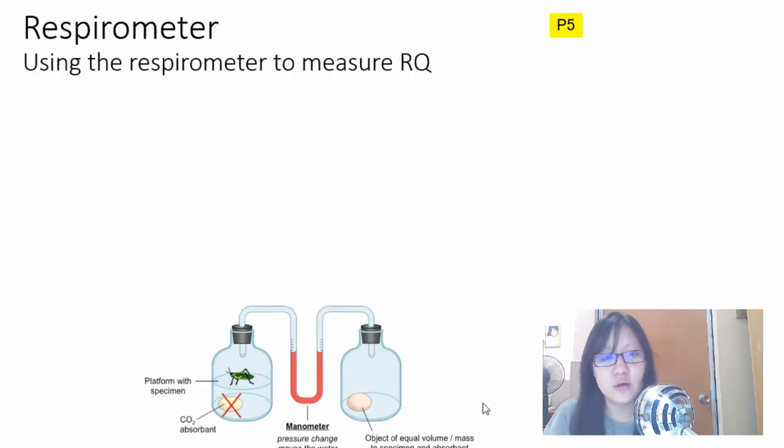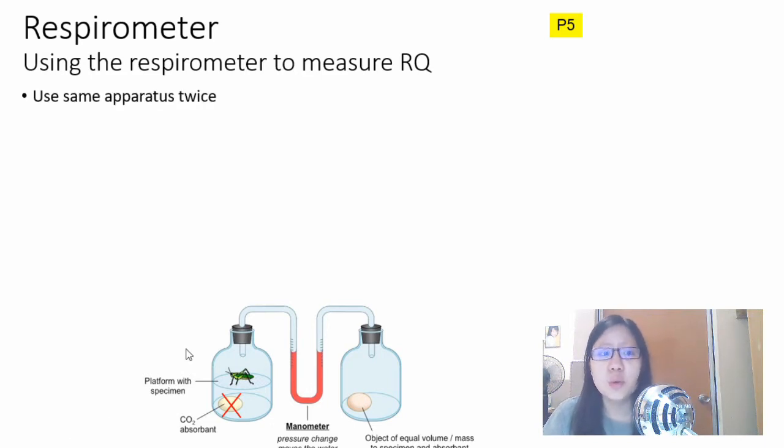Now if you think of RQ though, we need both values. We need the volume of oxygen consumed as well as the volume of carbon dioxide produced, right? CO2 over O2 basically. So how do we do that?